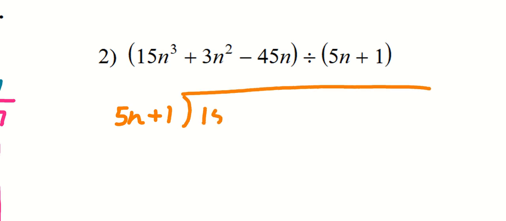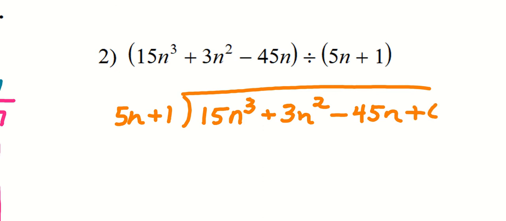I want to start with an n cubed, so that's 15n cubed. Then I need to go to an n squared, which I have 3n squared. Then I need to go to an n, which is minus 45n. But then I need to go to a power of 0, and I don't have a number, so we're just going to add a plus 0.